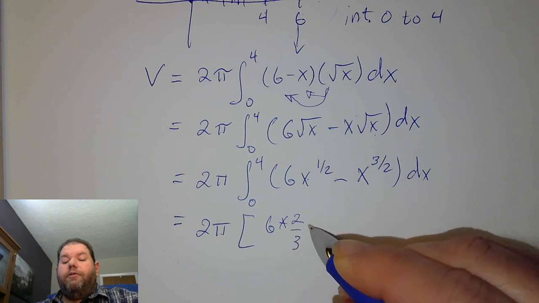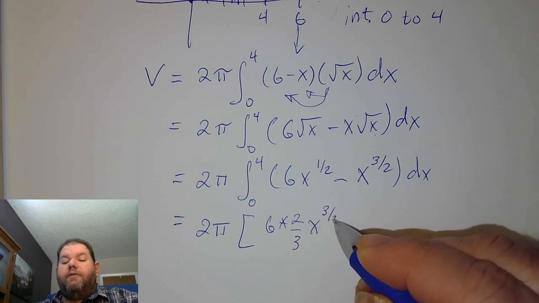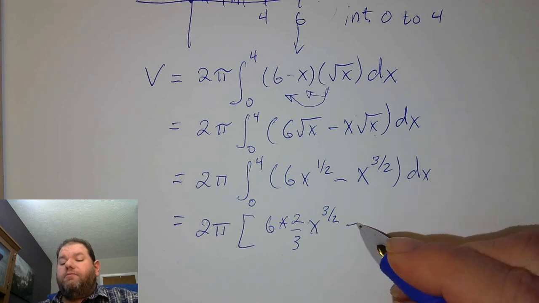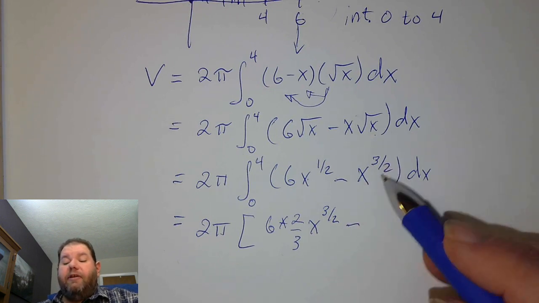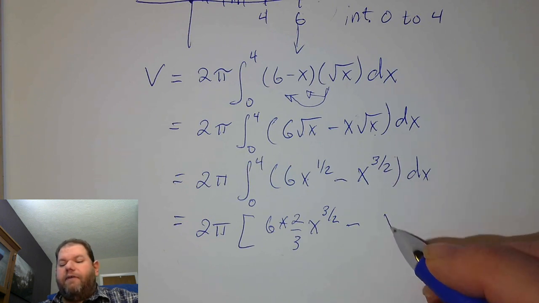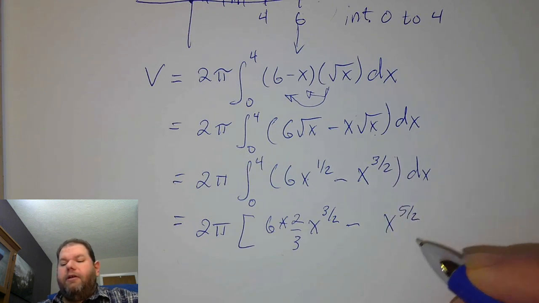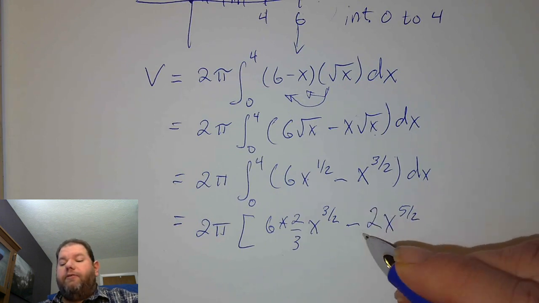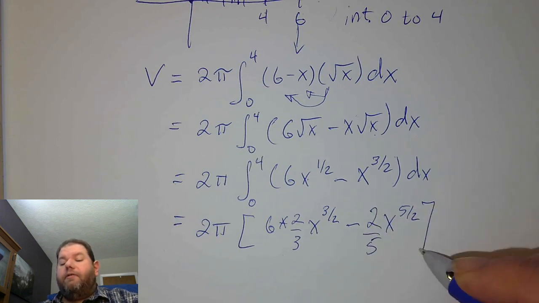So we have 2/3 x to the 3/2. We'll actually be able to simplify that pretty nicely there. In this case, adding 1 to 3/2 makes 5/2, so we'll have x to the 5/2. And again, instead of dividing by 5/2, we'll multiply by its reciprocal, 2/5.